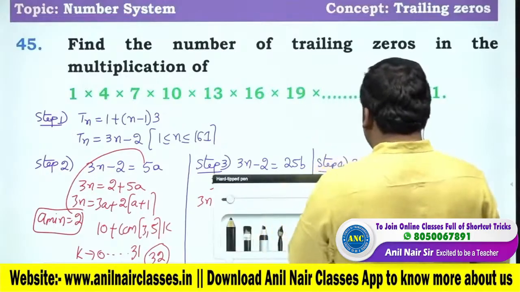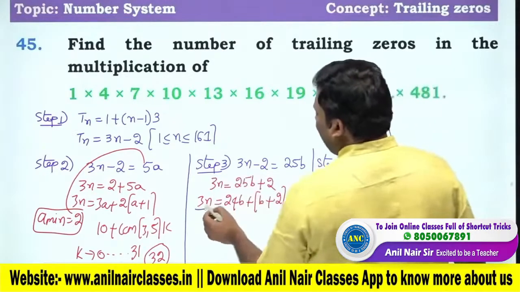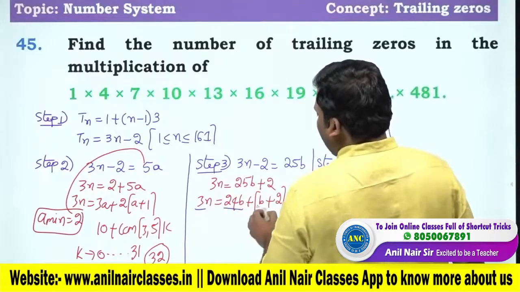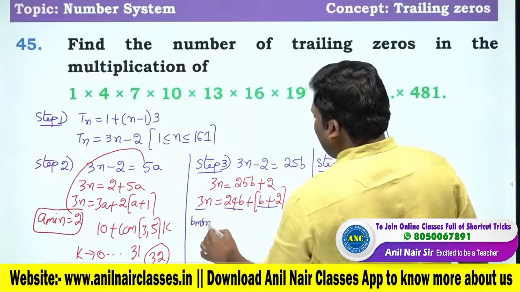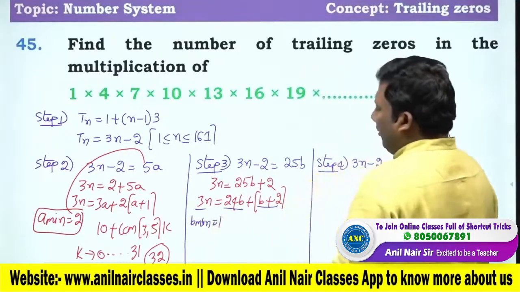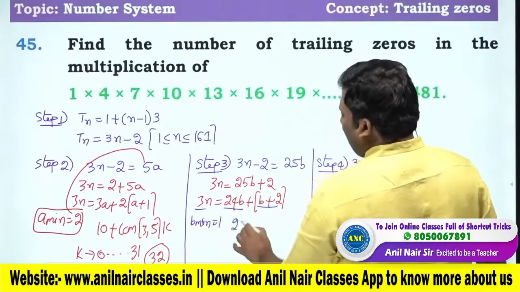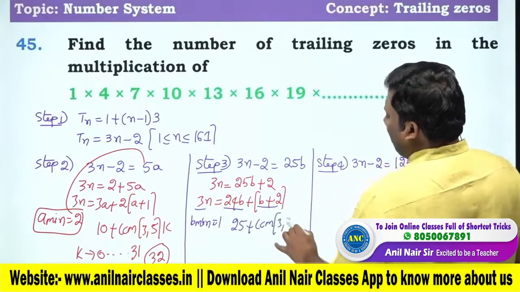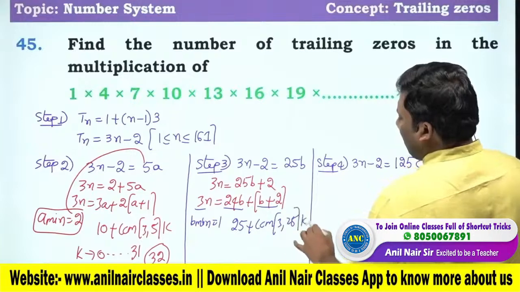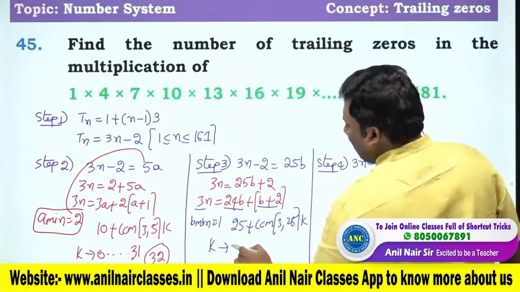This is a multiple of 3. So b plus 2 should be a multiple of 3. B minimum value is 1. If it is 1, this will be 25 plus LCM of 3, 25 into k. So k value can be 0.